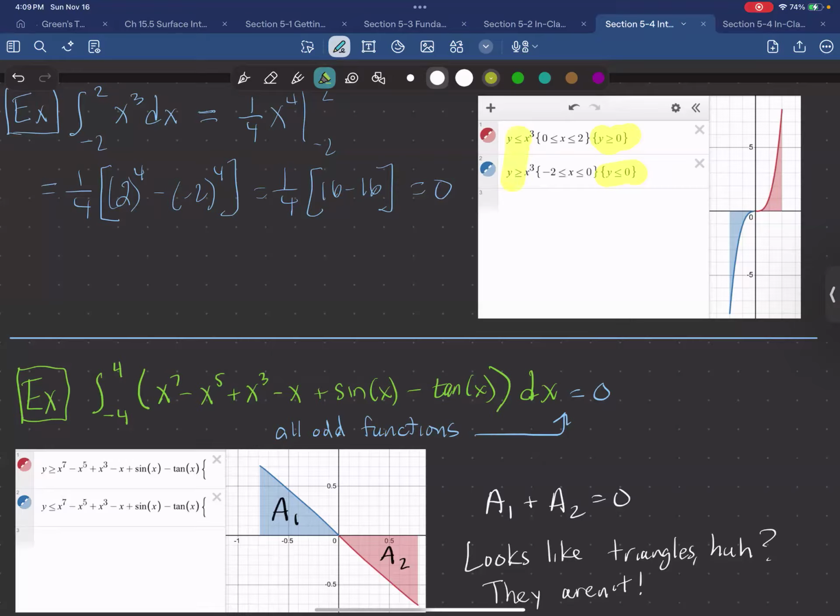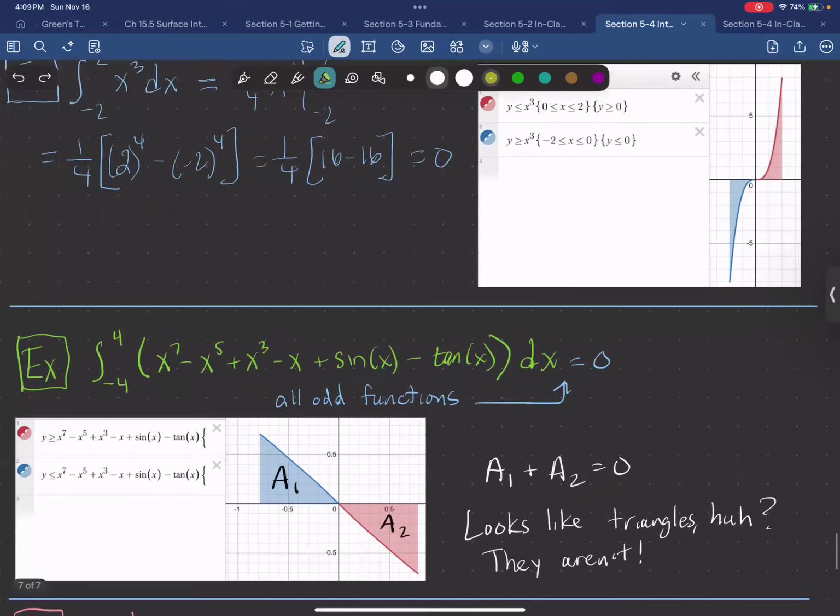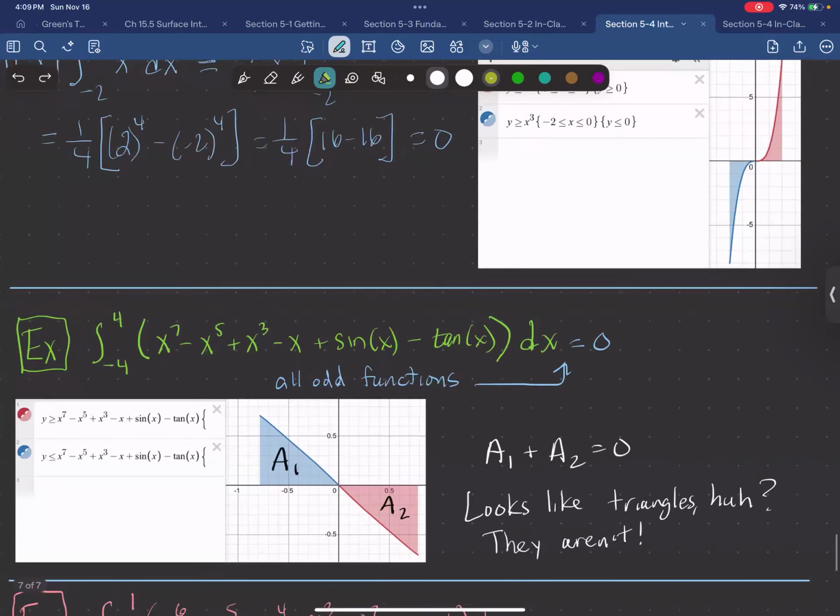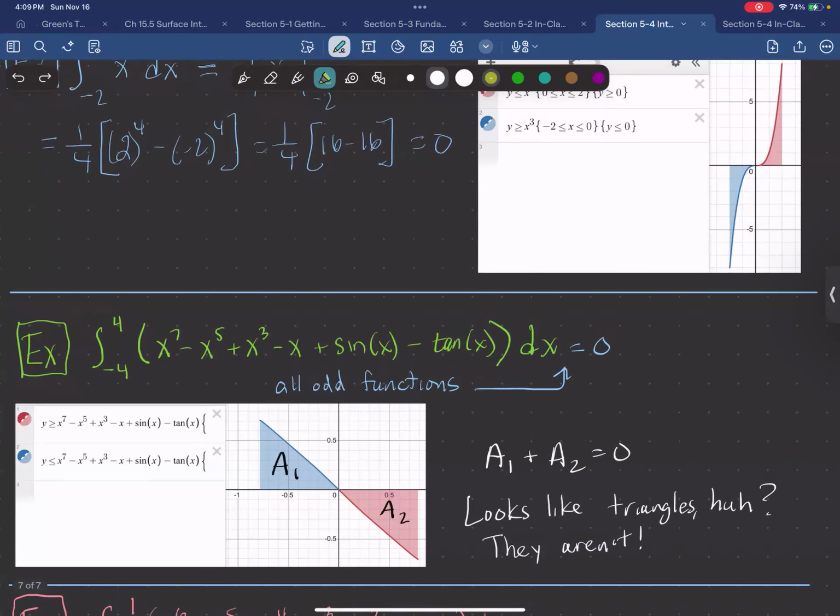Pick the inequality signs. It's kind of neat the way you can do it. Have a similar thing set up here. These actually look like triangles, but they're not. It's got a slight bend to it. But A1 equals A2 here, but A2 is negative, so when we add them, they go away.